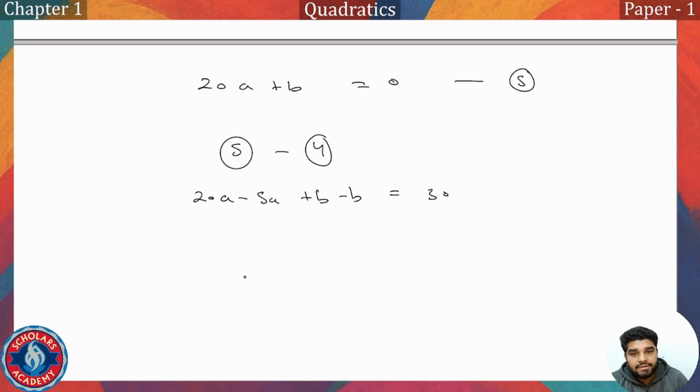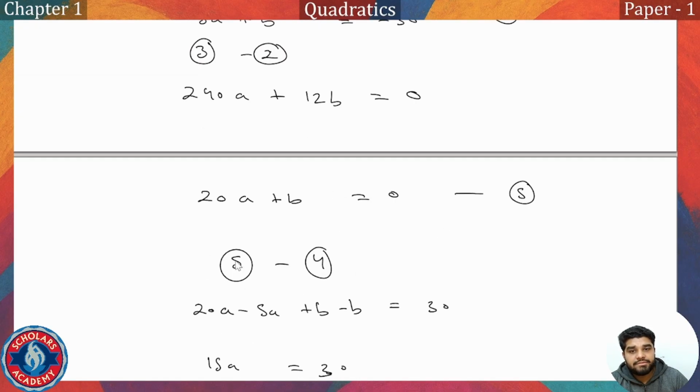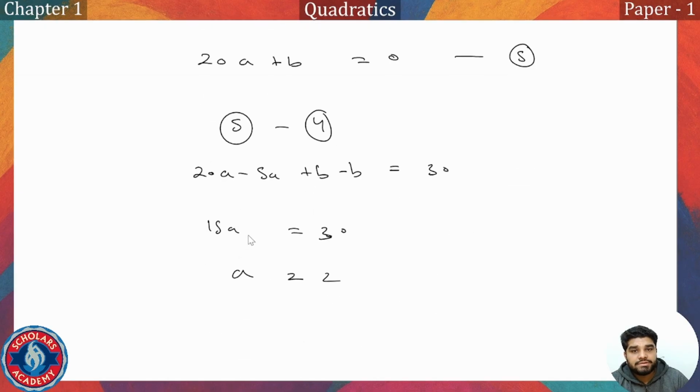This gives us 15a is equal to 30. So we get a as 2. And if we substitute this in any equation, so if I substitute this in equation number 5, I get 40 plus b is equal to 0. From here I get b is equal to negative 40.